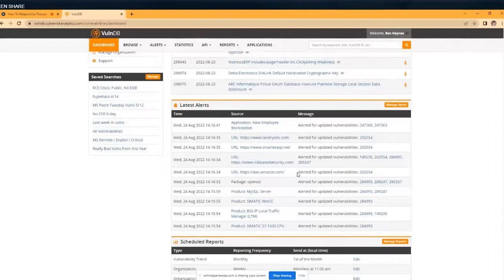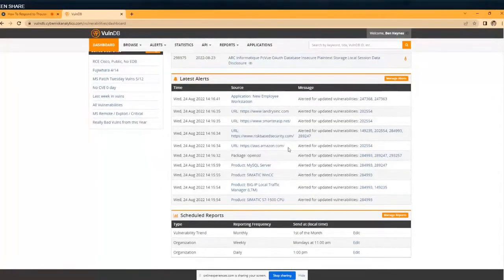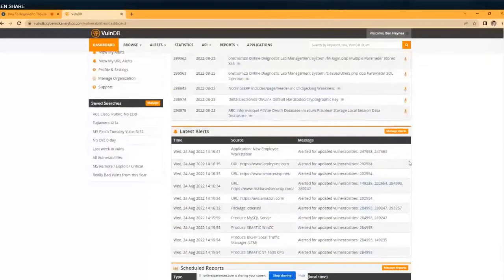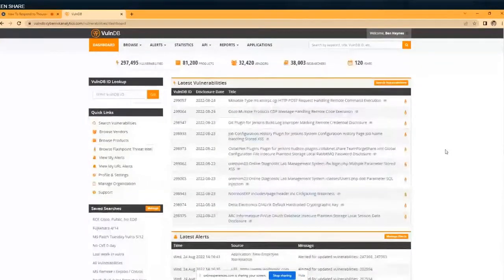So if your website's running a WordPress plugin and a vulnerability comes out in that WordPress plugin, we can tie those two together and say that website has that vulnerability. And I get alerted on that, right? So it looks like there was one in some applet that's running on the AWS site, for example. And then I'm subscribed to things like OpenSSL, MySQL, the Big IP products, stuff like that.